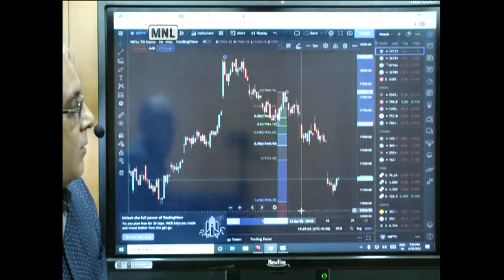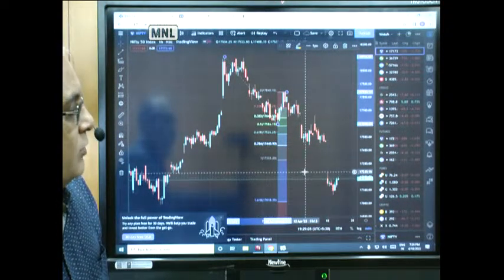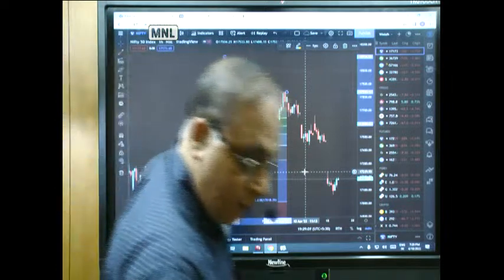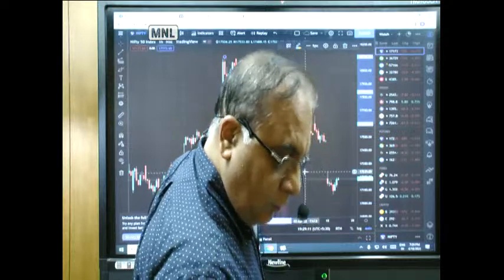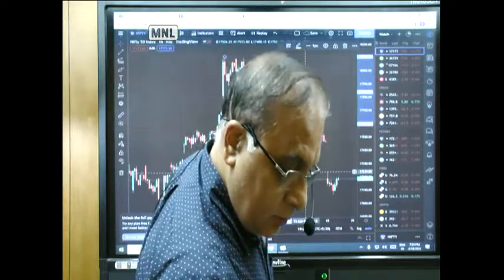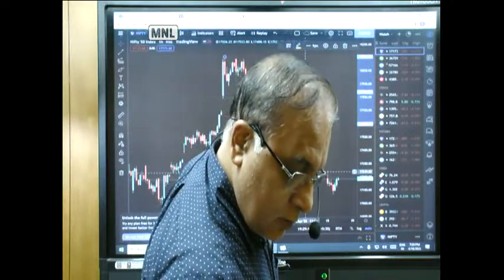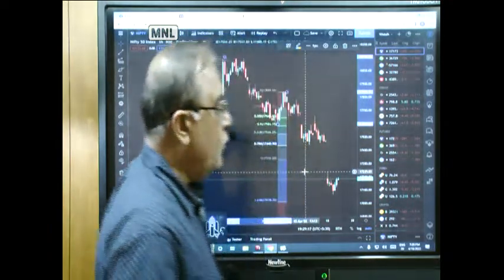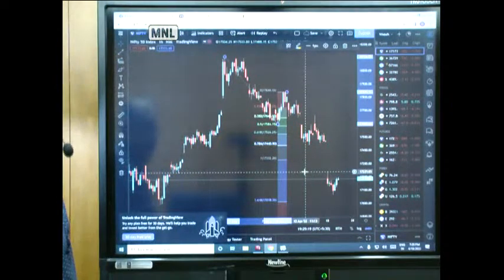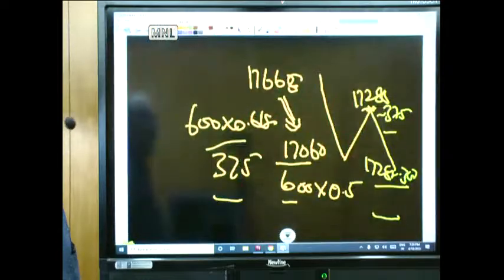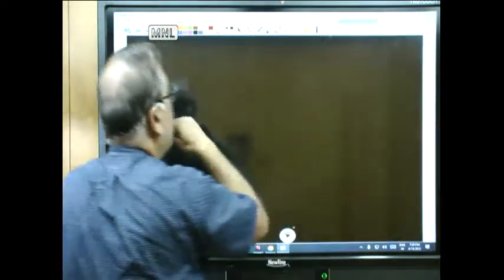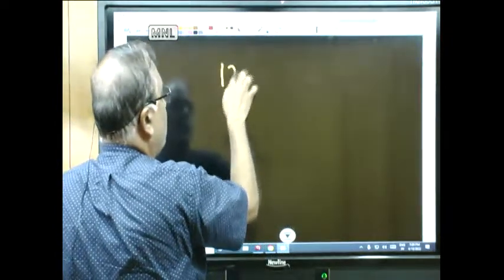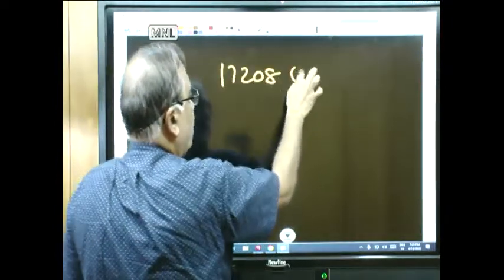And then after that is 1.235 times, which also has not been used properly, into 1.235. That comes to 634. 17,208. So in today's session, once it started to collapse, 17,208 was a resistance.